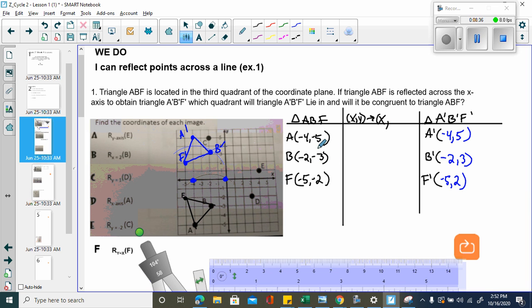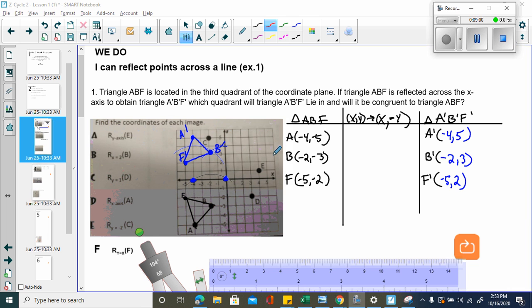My y value, I see I go from -5 to +5, from -3 to +3, from -2 to +2. So my y value is changing signs, so it's actually being multiplied by -1. This will be my rule for reflection across the x-axis.